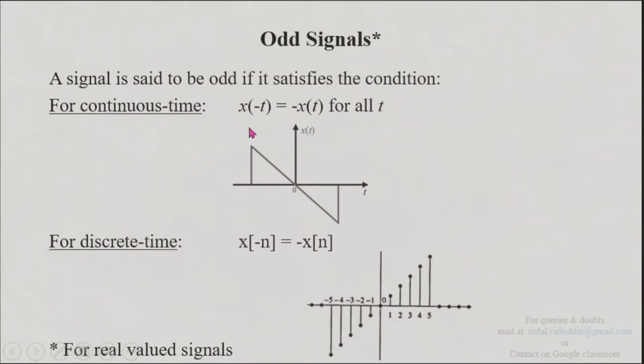So this is the condition for a signal being odd. If this condition is met, we say that the signal is not even, rather odd. And for discrete time, the same definition holds, but the representation is different. So we have x[-n] = -x[n], and the example is shown here.